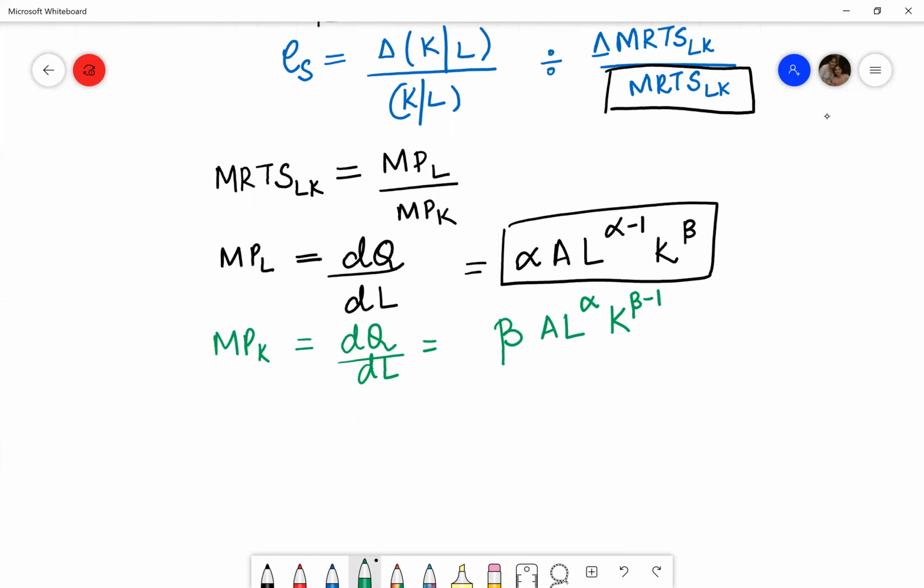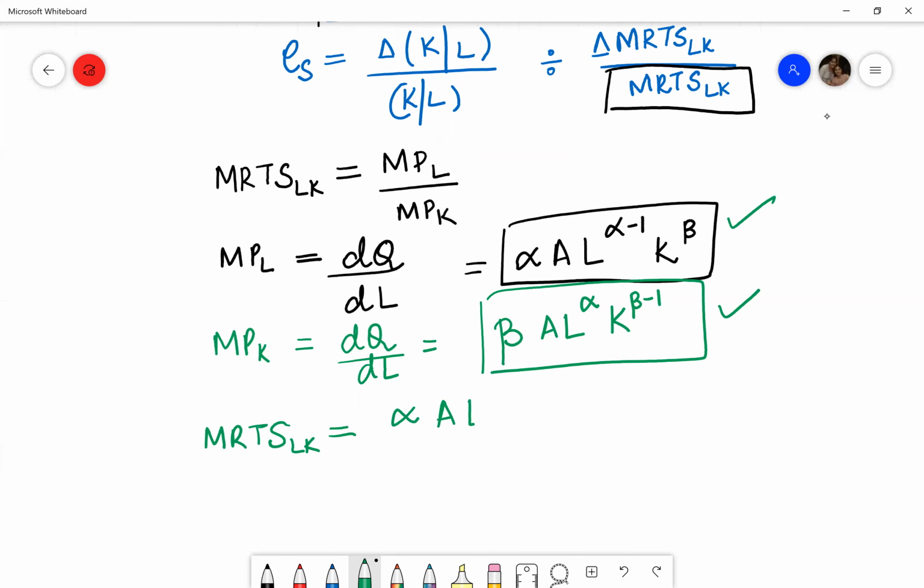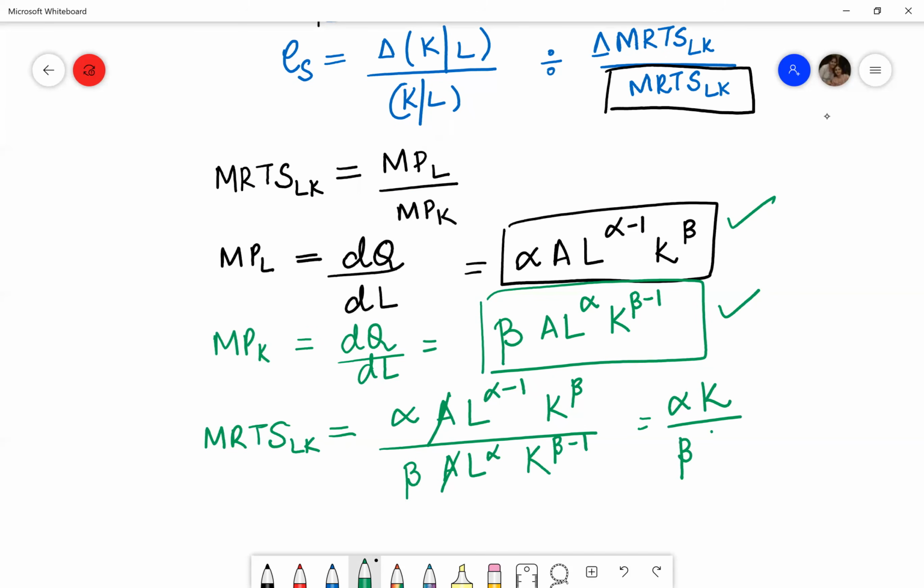So when we divide these two terms, we get our MRTSLK, which will be equal to alpha A L^(alpha-1) K^beta upon beta A L^alpha K^(beta-1). So when we simplify it further, we get alpha into K divided by beta into L. So this is the value of your MRTS.